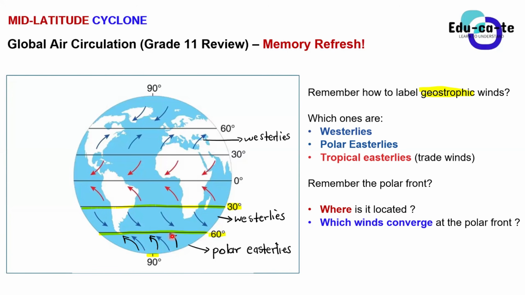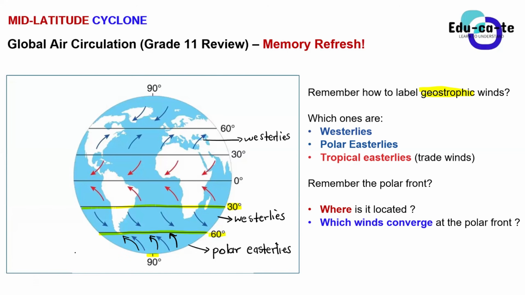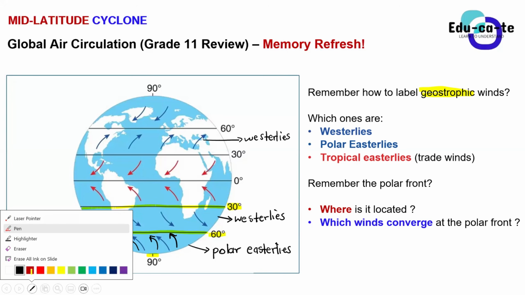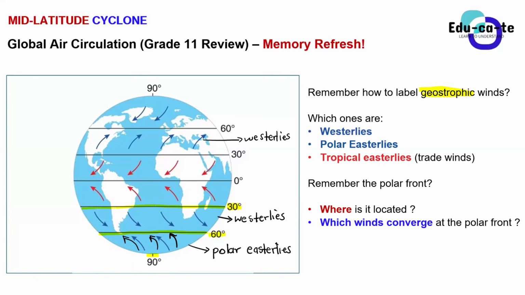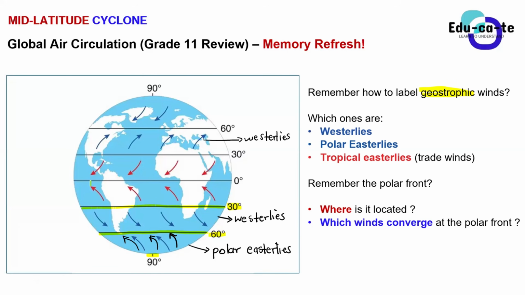What about the tropical easterlies? Do you know where we find the tropical easterlies? Yes, they are found between 0 and 30 degrees lines of latitude. They are found between the 0 degrees line of latitude, which is the equator, and the 30 degrees line of latitude.